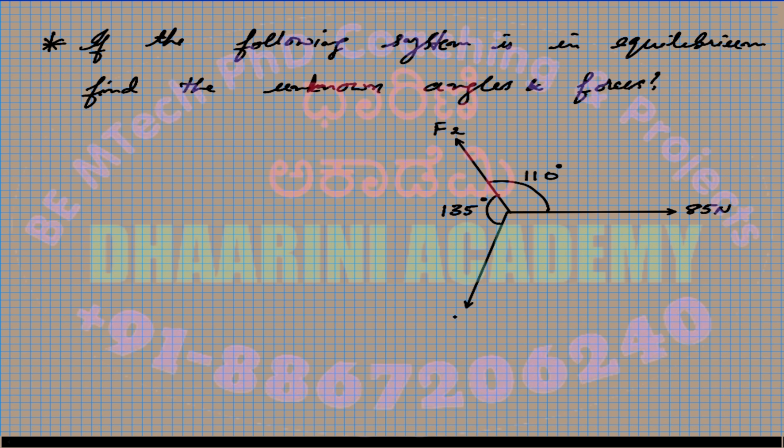This is F2, F3, and theta. They mentioned that this particular system is under equilibrium.